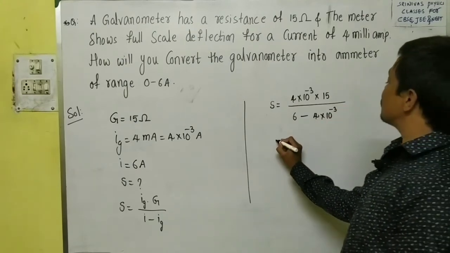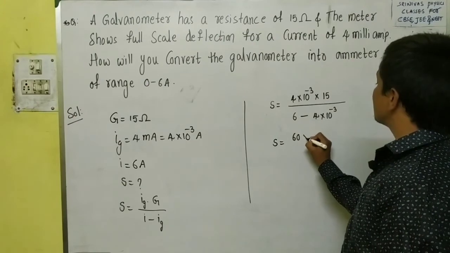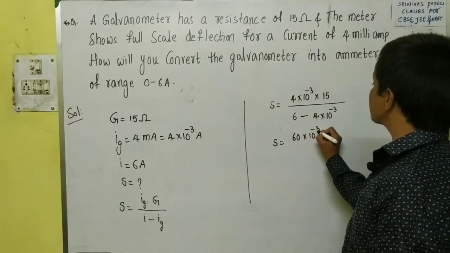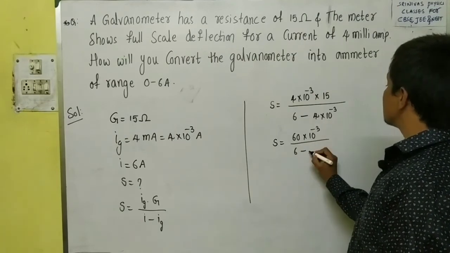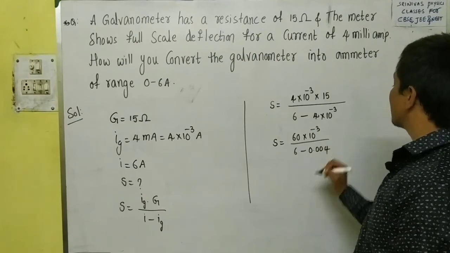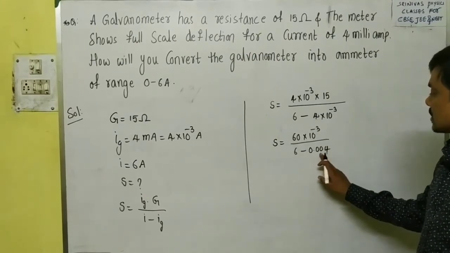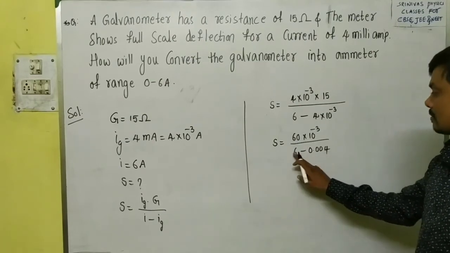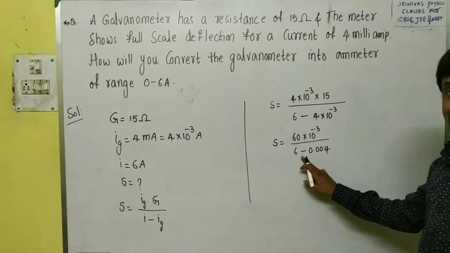We write this as S is equal to 4 into 15, 60 into 10 to the power of minus 3, by 6 minus 0.004. 10 to the power of minus 3 means 0.004, which is very negligible when you compare it with 6; you would get 5.996.